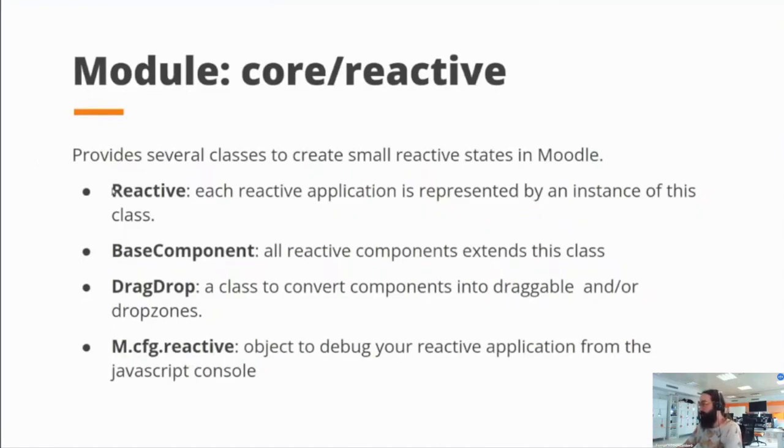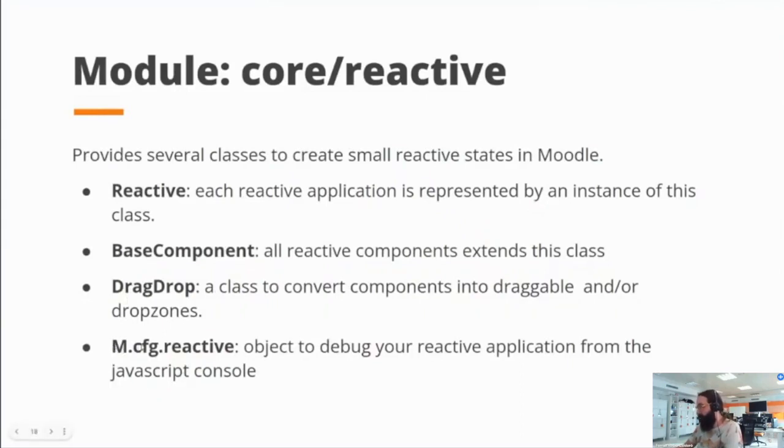So we have those modules, one for the reactive state itself, another for creating components. All the boxes you saw before are extending that class. We created a special one for drag and drop. This means that if you want your plugin to drag and drop like the new course editor, it's possible. Not only for the format, you can use it whenever you want.